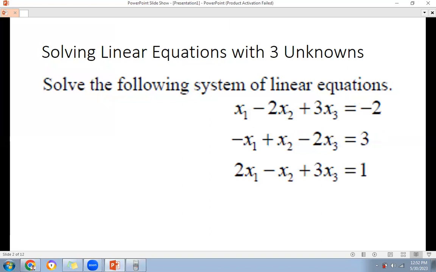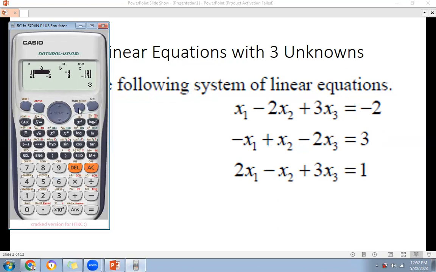Next, let's try computing linear equations with 3 unknowns. We go back to mode and then equation, and then 3 unknowns. So that is number 2.